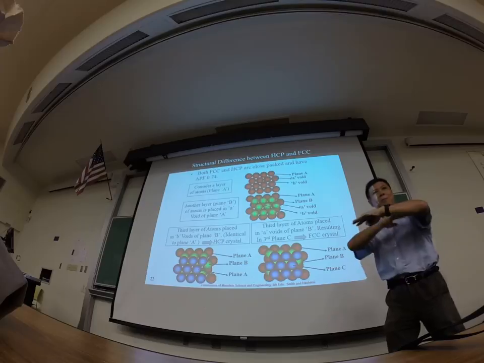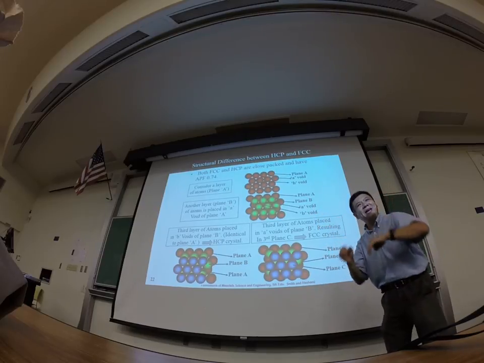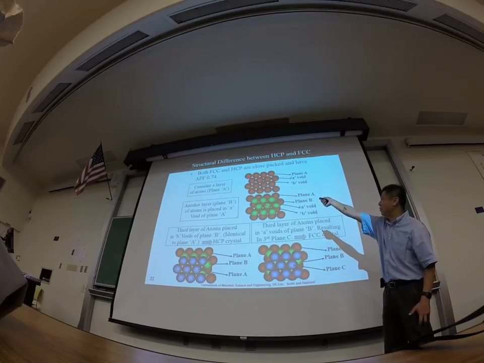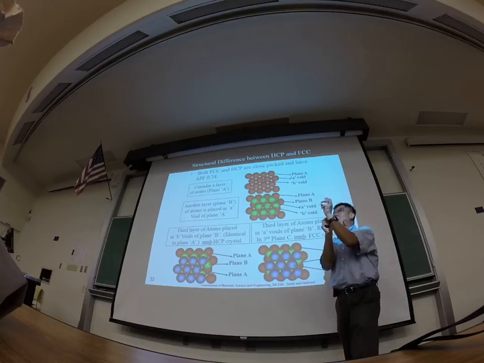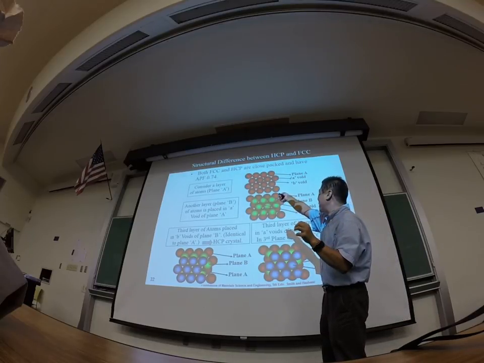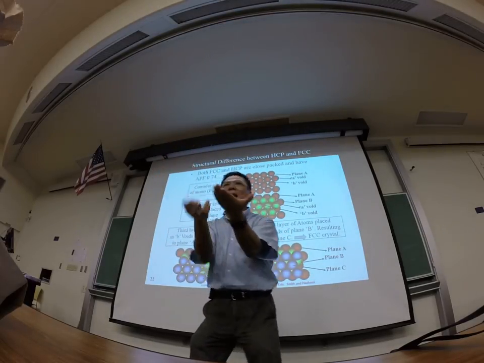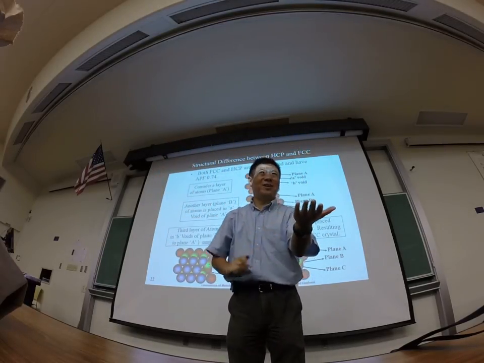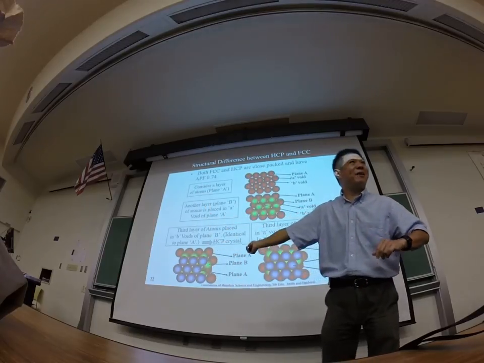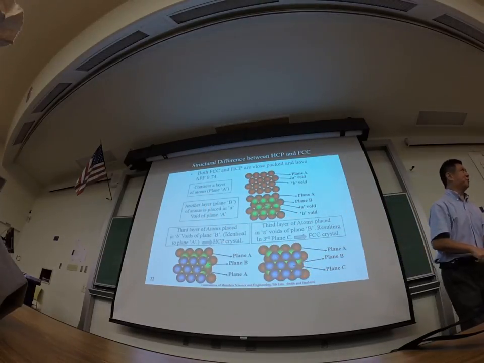FCC structure, you have ABC, ABC. The only reason is because of these voids. Depending on where you put the next layer, either the A voids or the B voids, you can get either the FCC or the HCP structure.